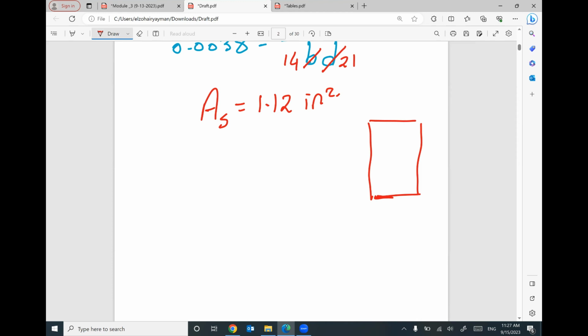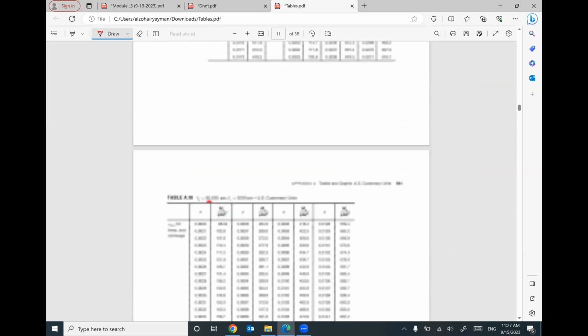So I could put 3 rebars, 4 rebars, 6 rebars, 10 rebars. I cannot tell you until you tell me if you are selecting number 3 rebars, or number 4, or number 5. Let's try. For number 3 rebar, I will go up here.